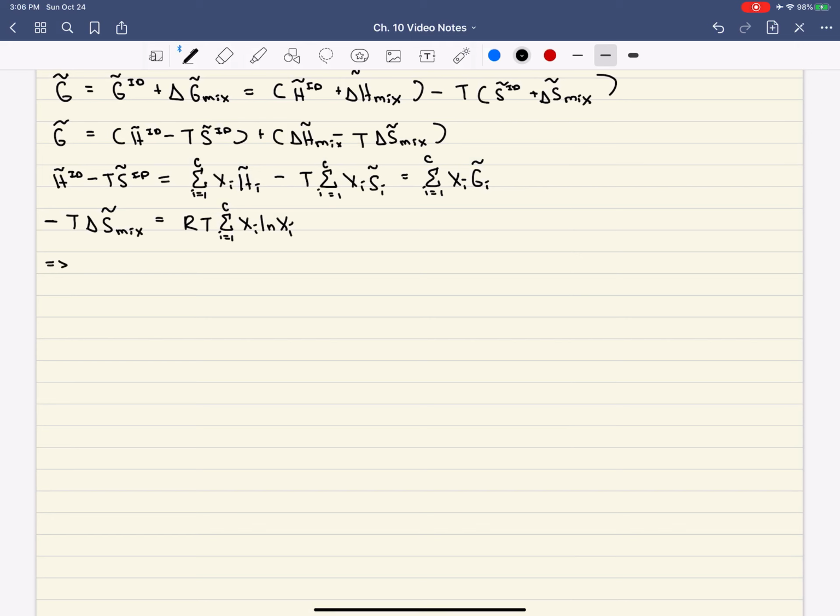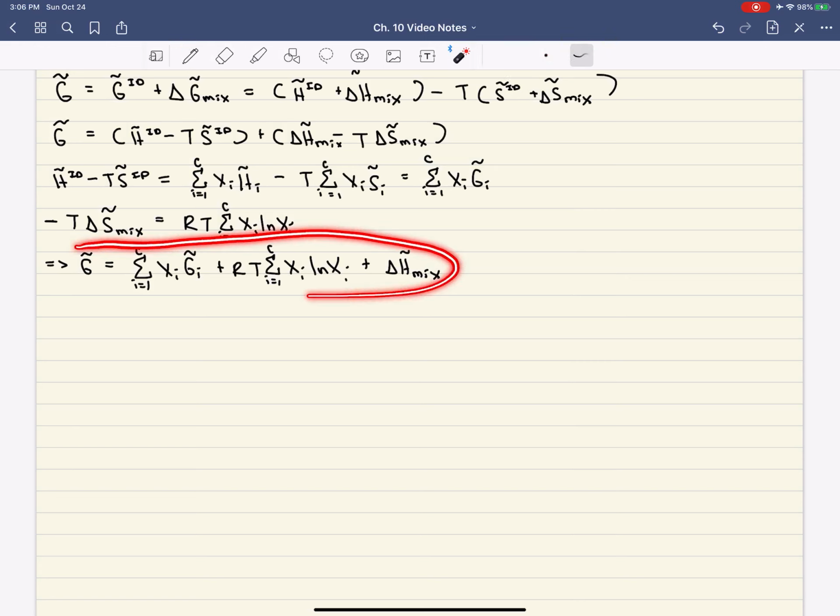So if we revisit our molar G term, we could rewrite it like this: the summation of xi Gi plus RT summation xi ln of xi plus delta H mix. Okay. All right, and so we rewrote G molar in terms of this equation.